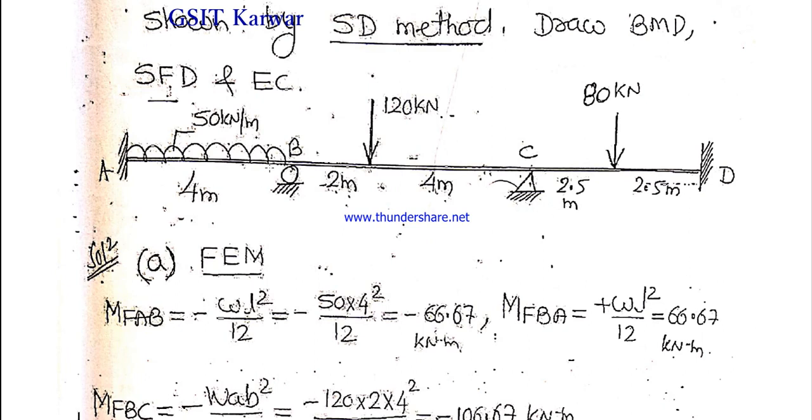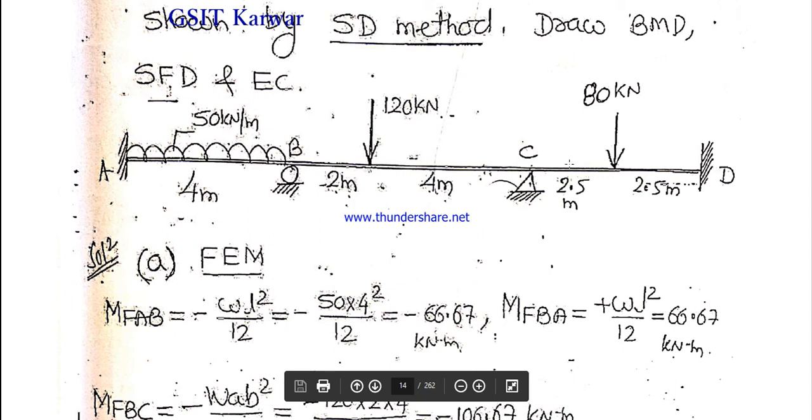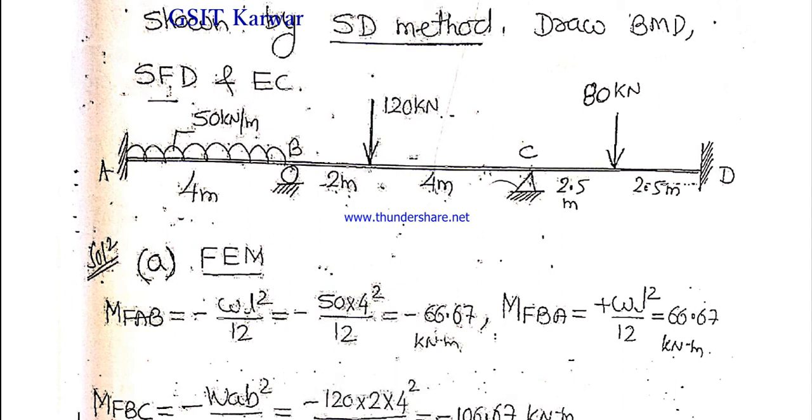Moment at joint B, moment BA plus moment BC is equal to 0, then only the structure is in equilibrium condition. Here also at joint C, moment CB plus moment CD is equal to 0. At that condition the continuous beam is in equilibrium.